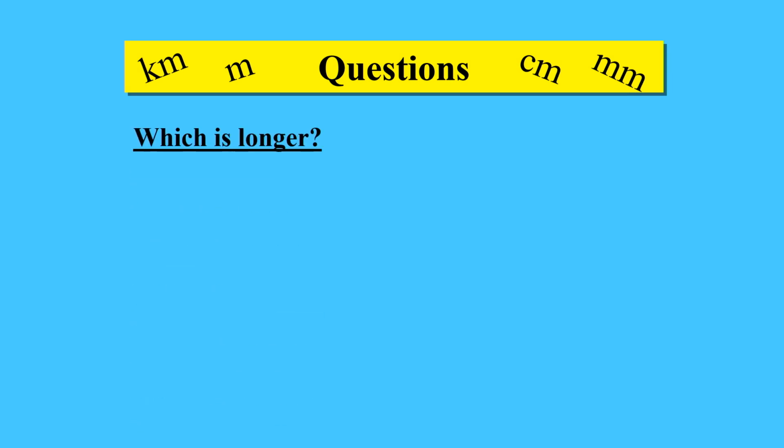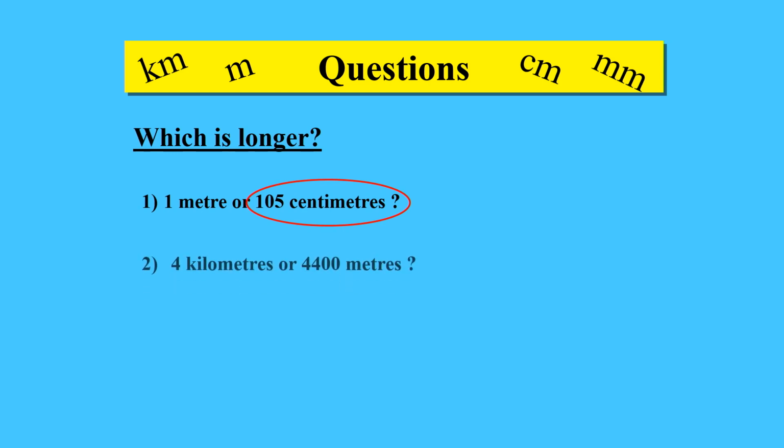Which is longer? 1 meter or 105 centimeters? Yes, 105 centimeters. Second one, 4 kilometers or 4,400 meters? Yes, 4,400 meters is longer than 4 kilometers.